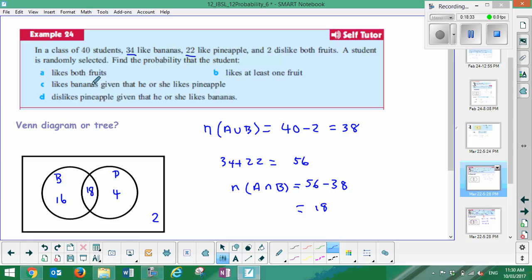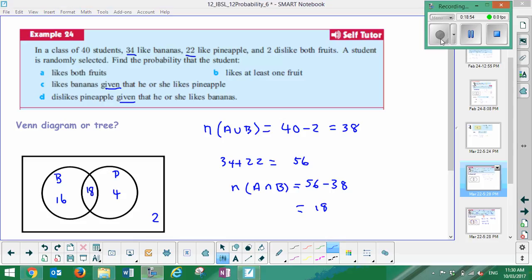Okay, so have a go with these ones. Pause the video and have a look at people that like both fruits, likes at least one fruit, likes bananas given that he or she likes pineapple, and dislikes pineapple given that he or she likes bananas. Pause the video and have a look at that.